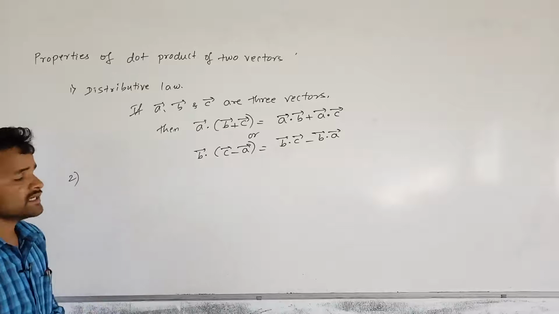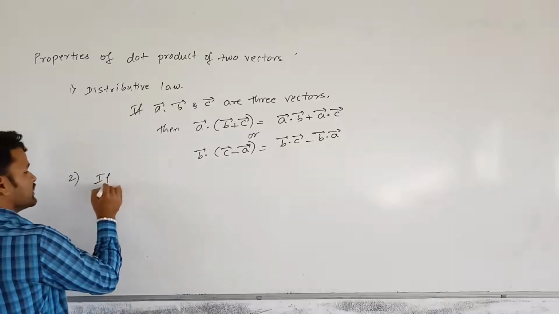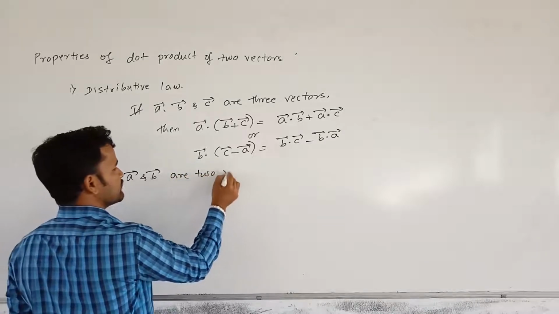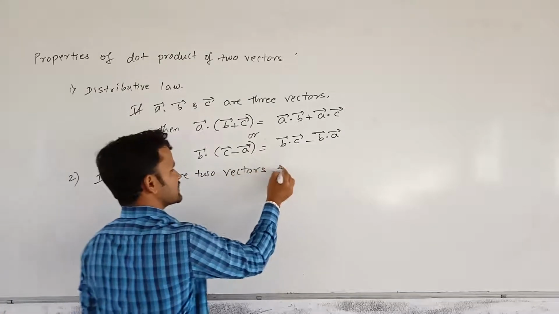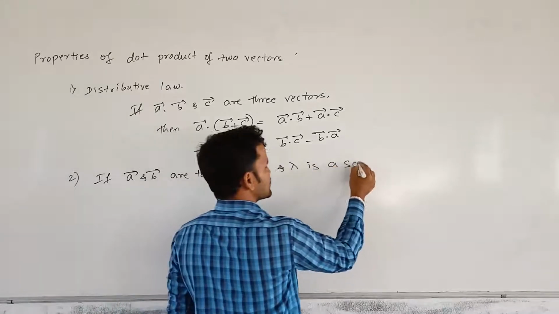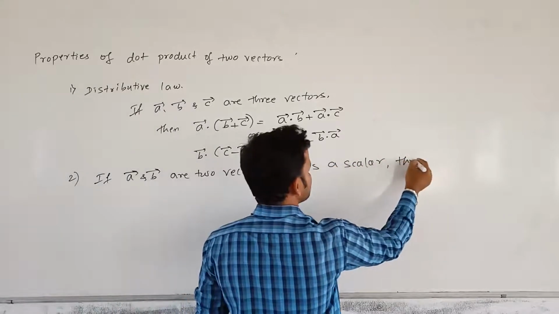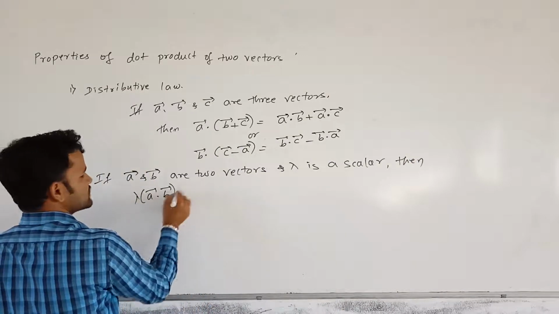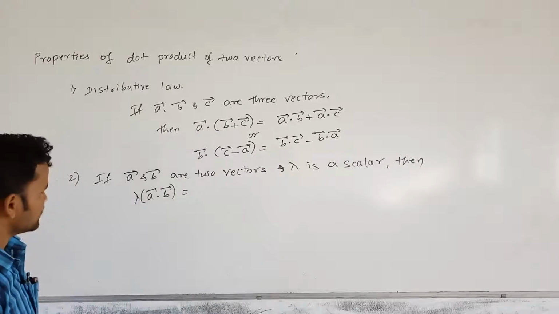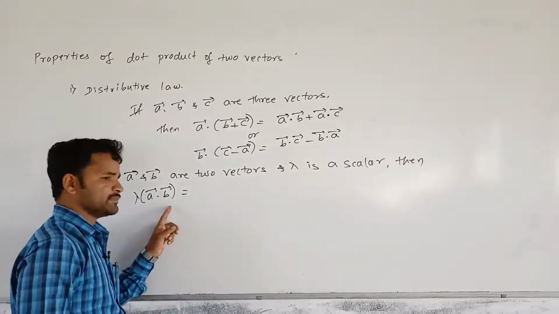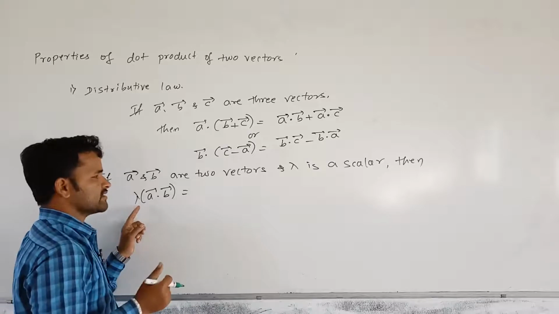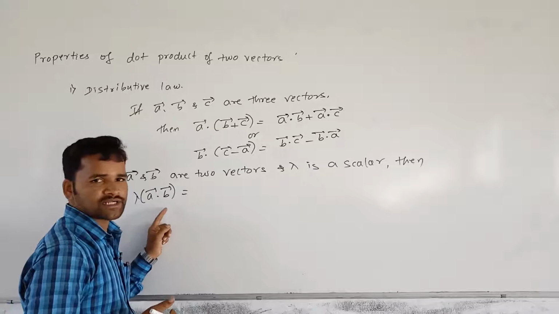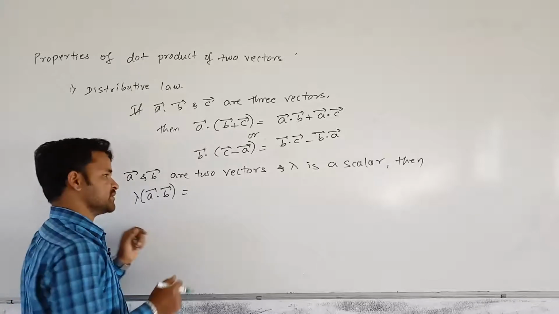Now, the second property. If A and B are two vectors and lambda is a scalar, then lambda times (A dot B) is equal to lambda getting multiplied with both. This lambda can be multiplied with only vector A or with only vector B, and the answers will be the same.